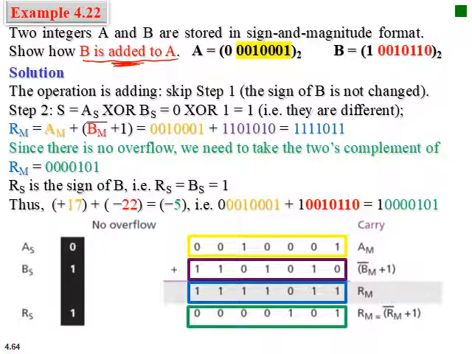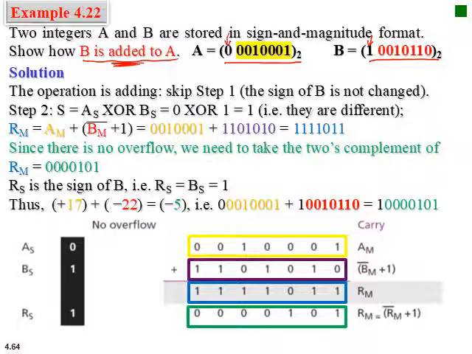Here is A: 0, 0, 0, 1, 0, 0, 0, 1, and B is this value over here: 1, 0, 0, 1, 0, 1, 1, 0. Immediately, by looking at the first bit, that's the sign, so we know A is a positive value and B is a negative value.